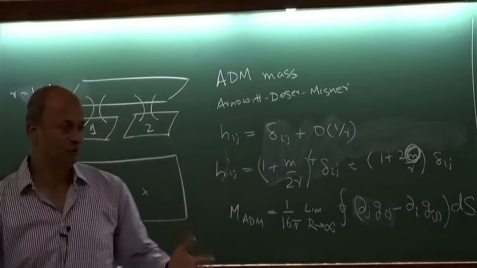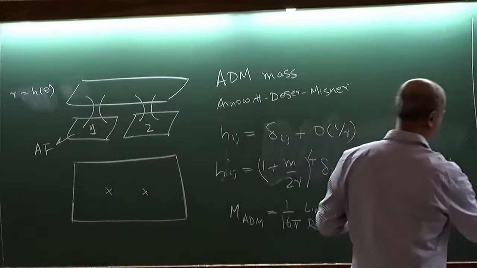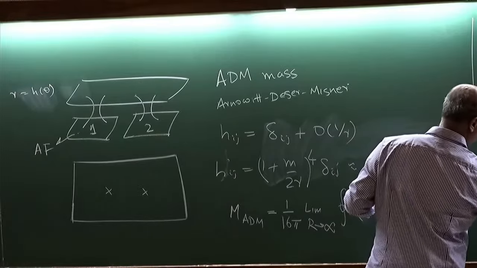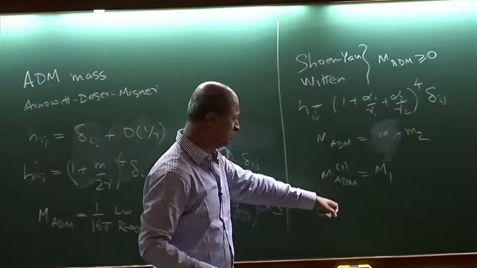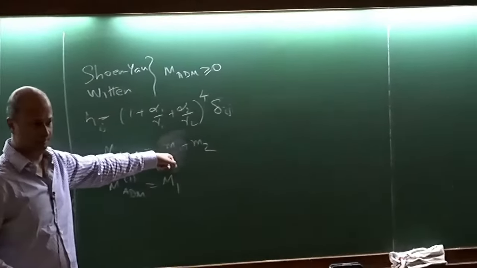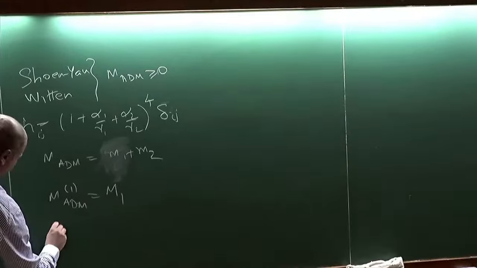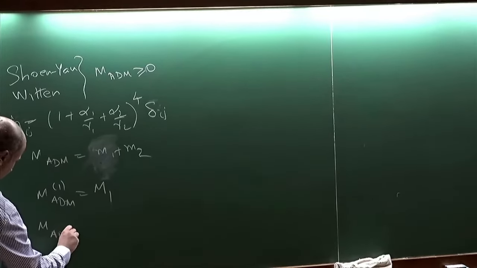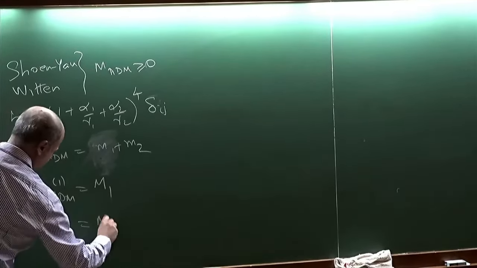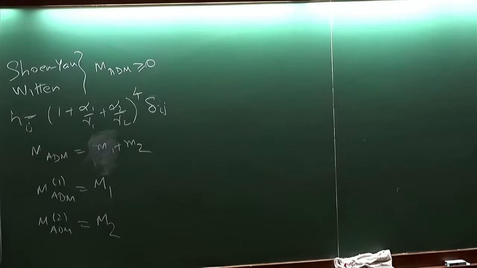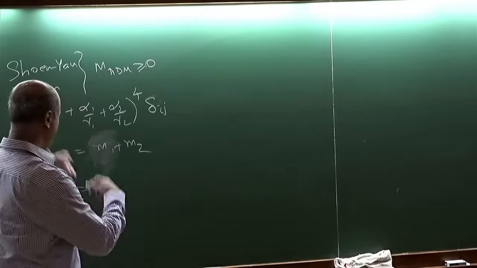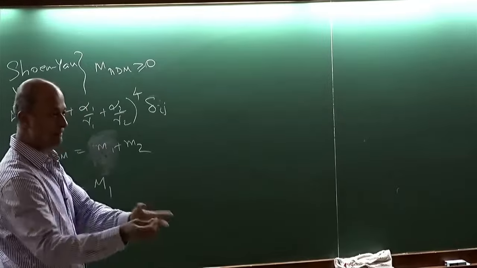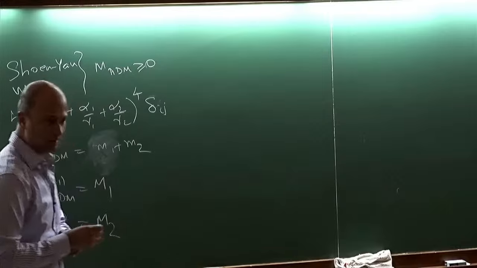And this you can calculate, right? Let's call the ADM mass at puncture 1 to be big M1, which does not have to be equal to little m1. Okay? And we can call the ADM mass at the other puncture just big M2 here. So this big M1 and big M2 will depend on little m1, on little m2, and also the distance to the other black hole.